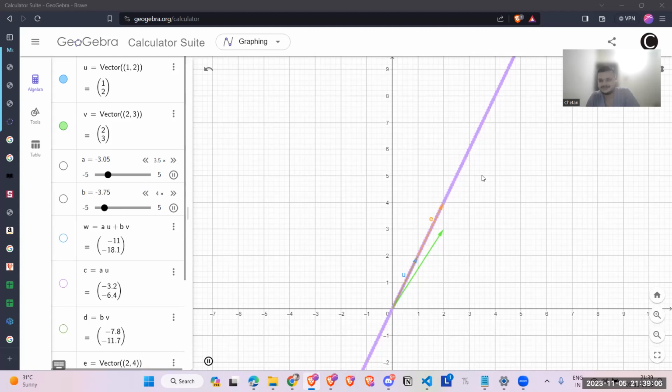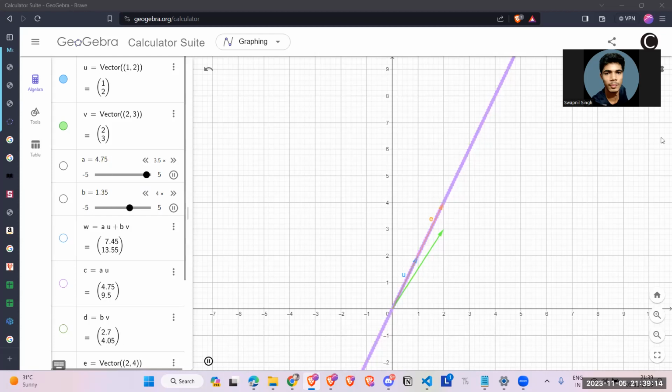What are we observing here? Earlier, when the two vectors are different from each other, we get a plane if we take a linear combination of the two. But here, since they are scalar multiples of each other, their linear combination is only giving me a line. Correct.